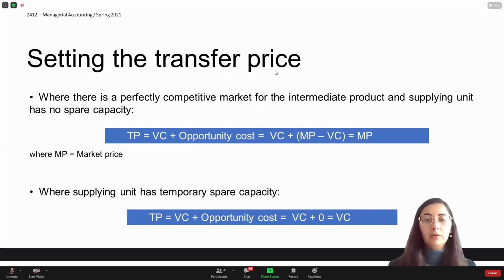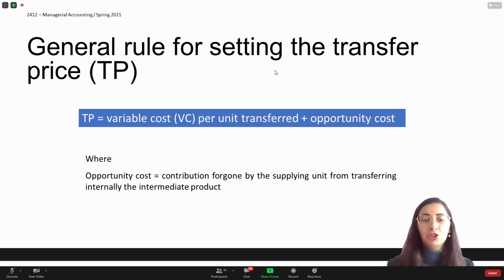So if we look at the general rule, it is the variable cost plus the opportunity cost. If division A does not have spare capacity and decides to sell to division B, they will stop selling to the market.